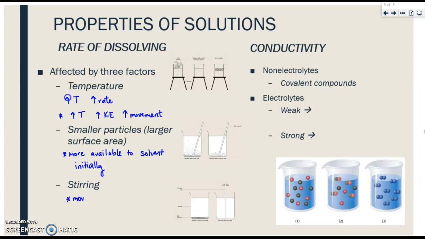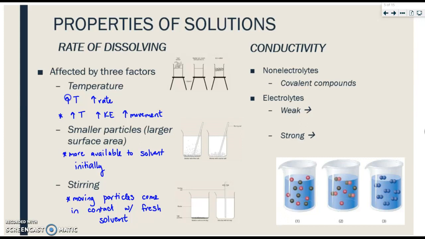So they're moving particles that come in contact with fresh solvent, and are therefore more likely to dissolve at a faster rate.